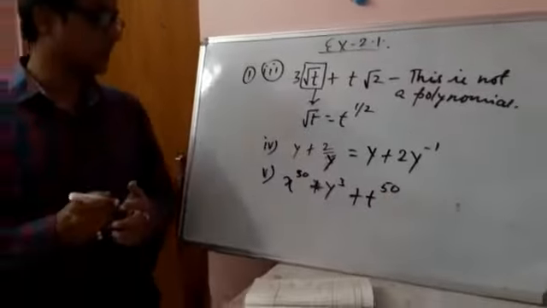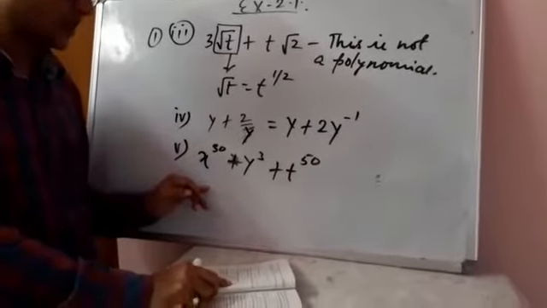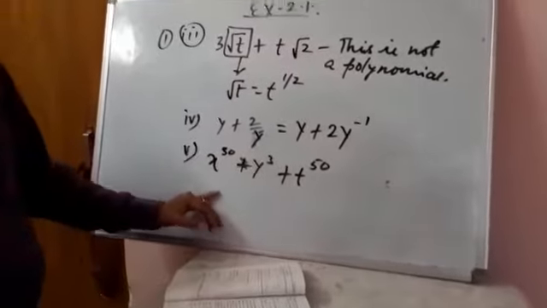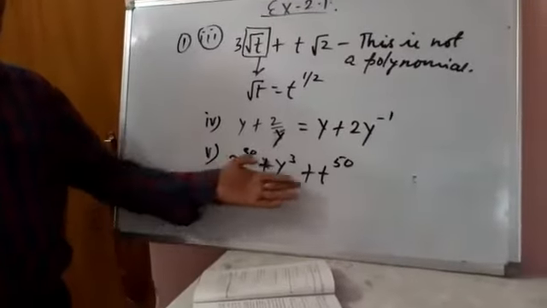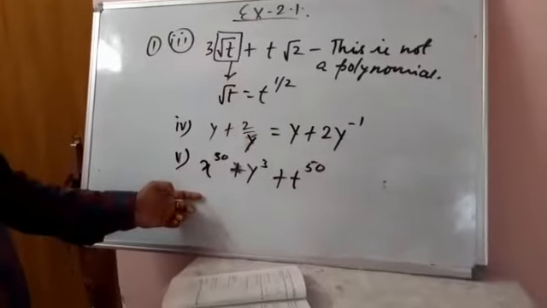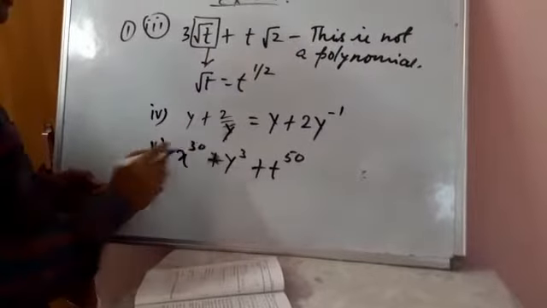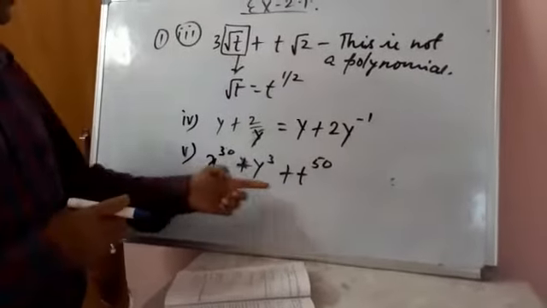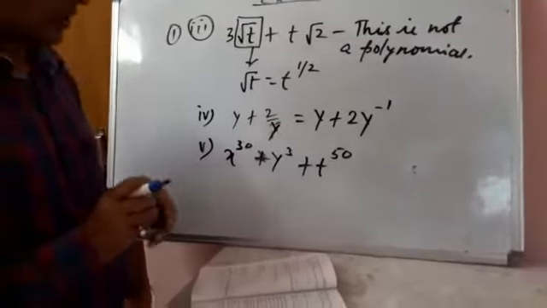This is a polynomial, but in the question, which of the following expressions are polynomials in one variable, here you can see only one variable should be involved. Here more variables are involved: x, y and t. So this is not a polynomial of one variable.